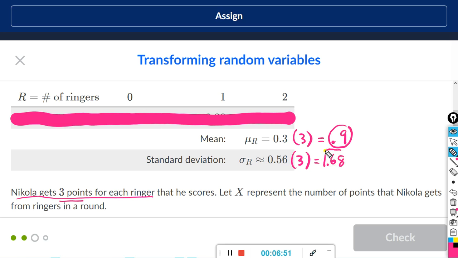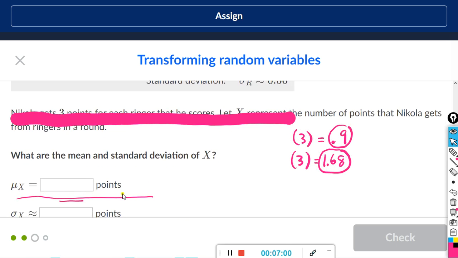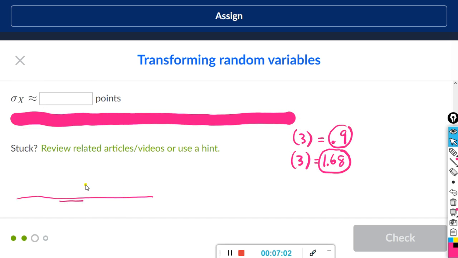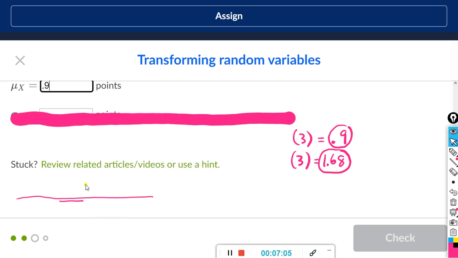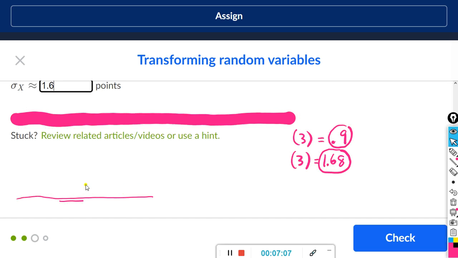Let me double check that on the calculator. Yes, 0.56 times 3 is 1.68. So it's just going to be 0.9, hit tab, and then 1.68.